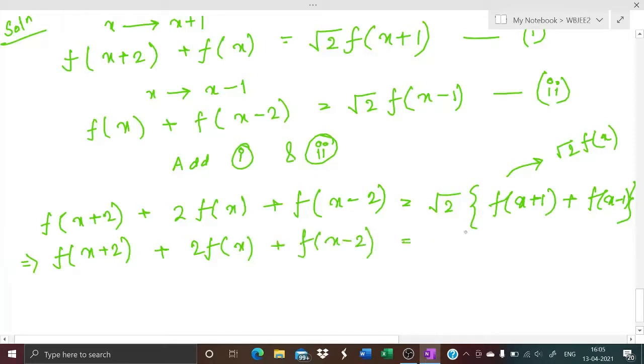Root 2 into root 2 is 2, so 2f of x, and see, 2f of x is cancelled from both sides. Now I have f of x plus 2 plus f of x minus 2 equals 0. Now I will put x as x plus 2.